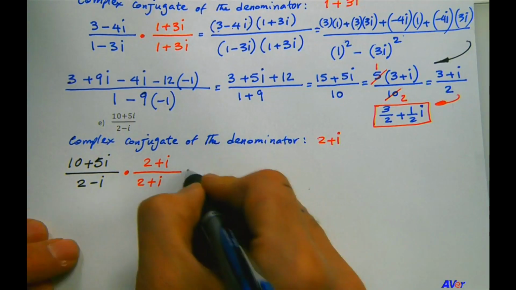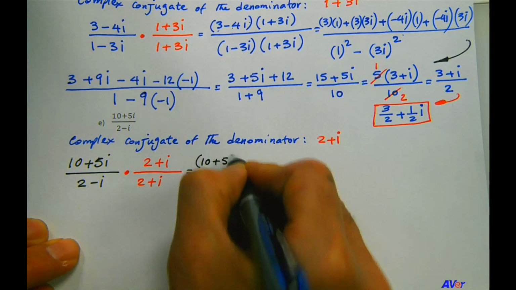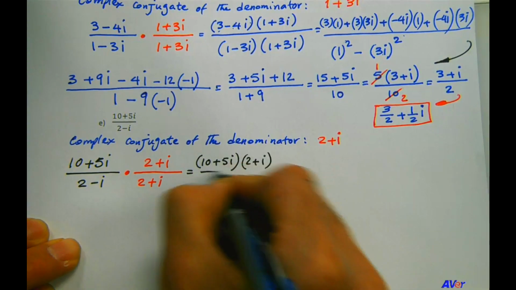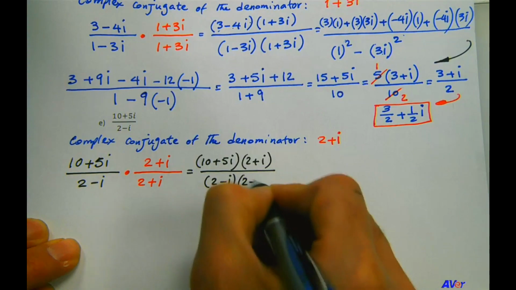Okay? Then we're going to multiply 10 plus 5i times 2 plus i divided by 2 minus i times 2 plus i.